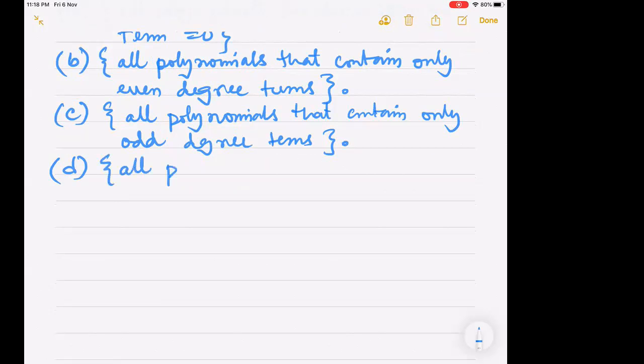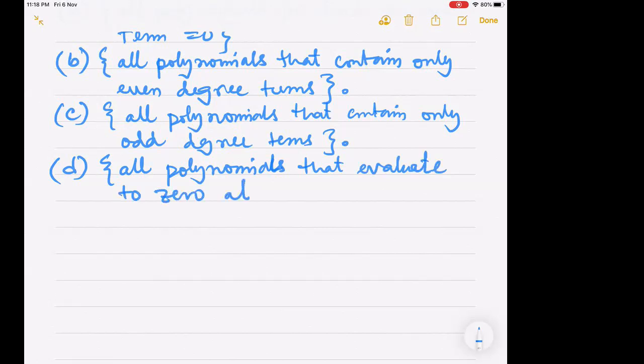All polynomials that evaluate to 0 at s equal to 1.